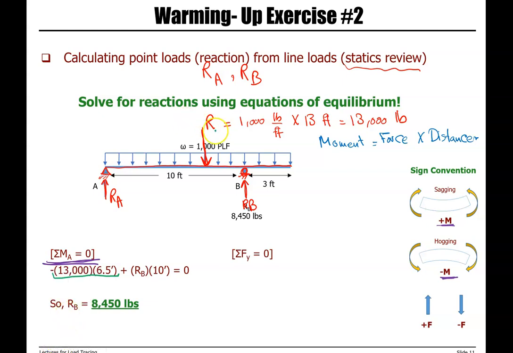So we had this 13,000 pound times the distance, which is 6.5 feet, and RB times the distance, which is 10 feet.